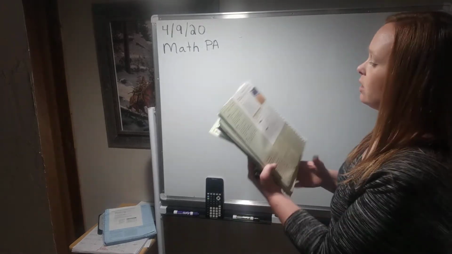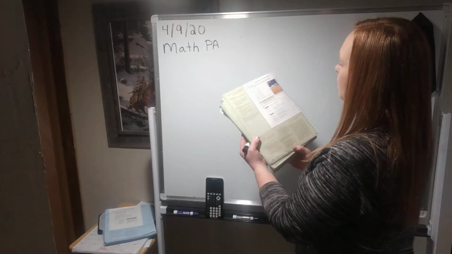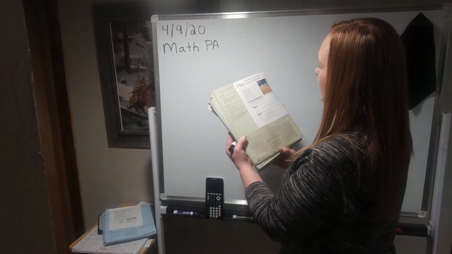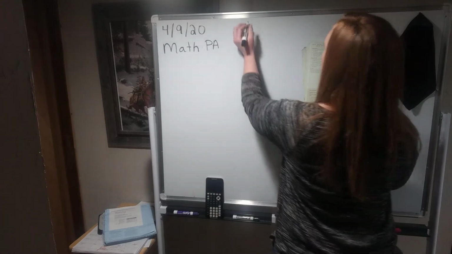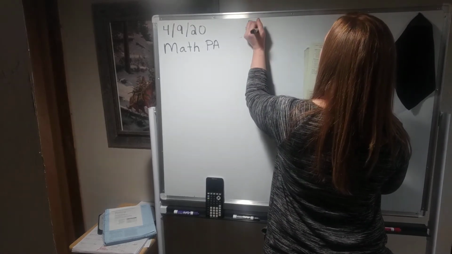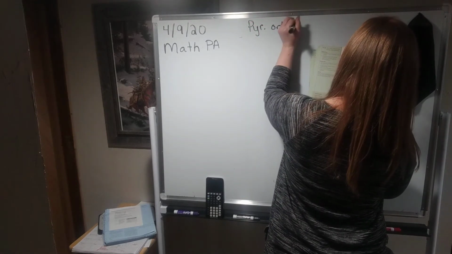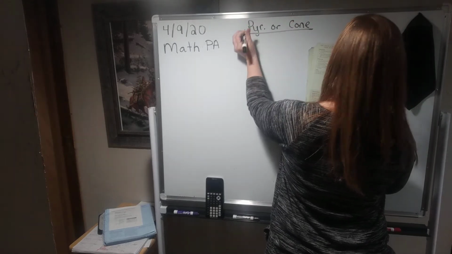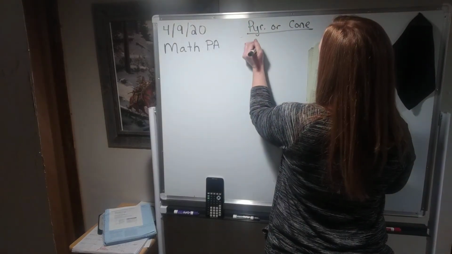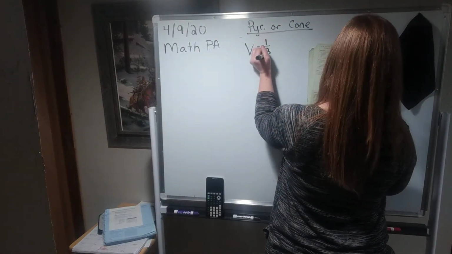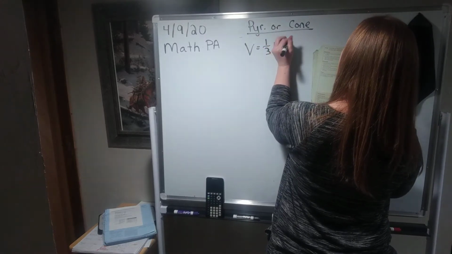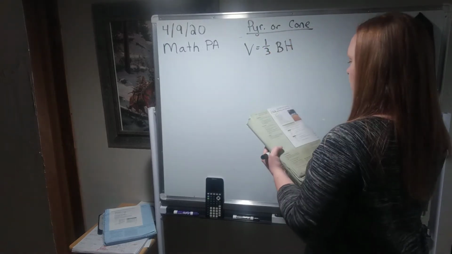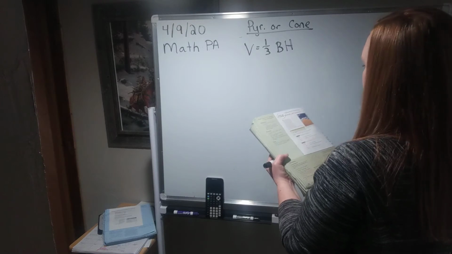Okay, so let's start with our formula for the volume of a pyramid or a cone. Volume equals 1/3 BH. Okay, now what does B mean?